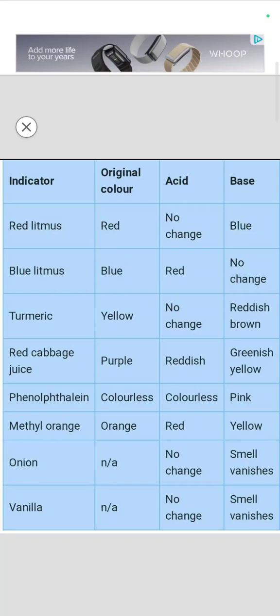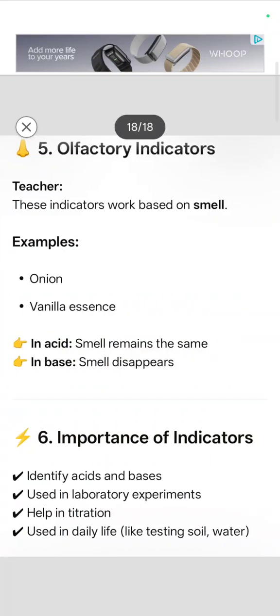Talking about the olfactory indicators, onion, vanilla, clove extract: the smell doesn't change in acidic solution, but the smell disappears in basic solution. So this was all about the indicators.